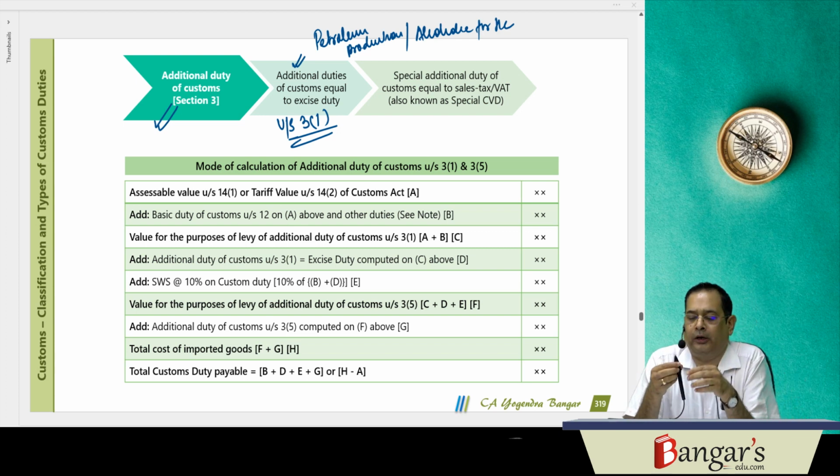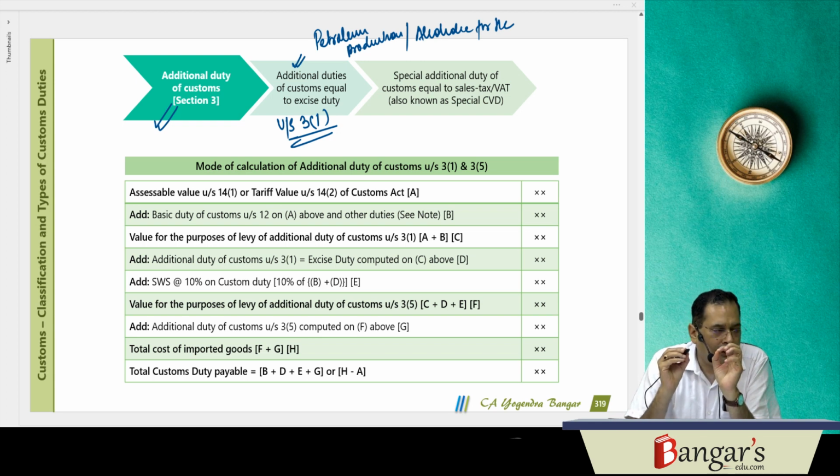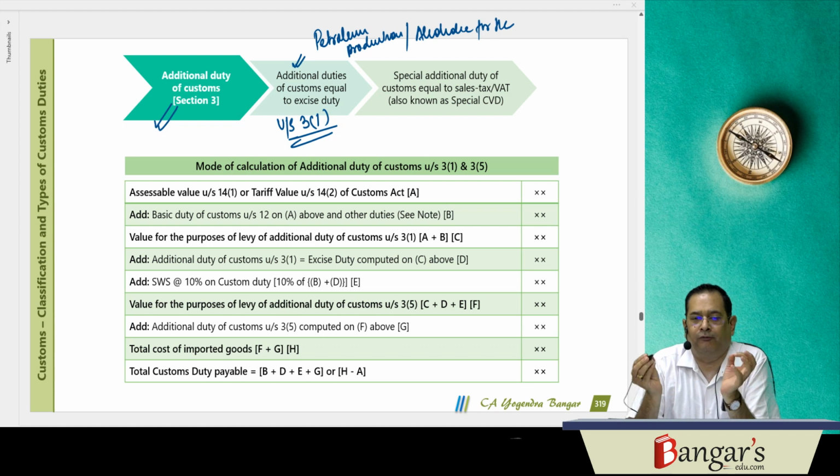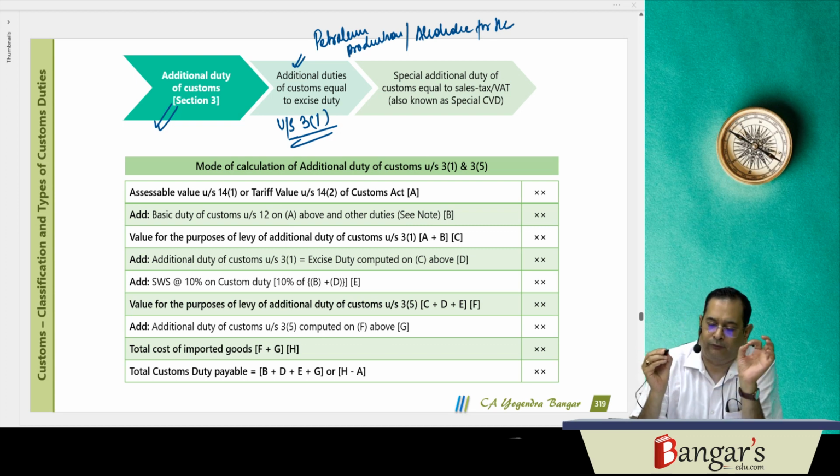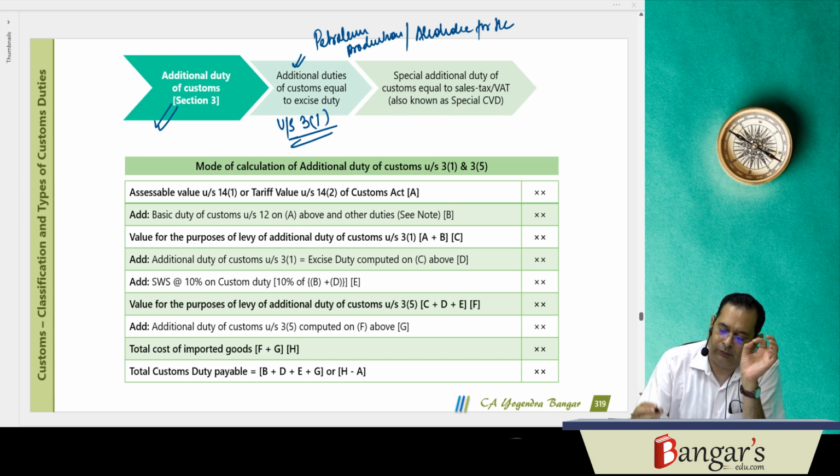Now few commodities are only subject to excise duty. So in case any goods are subject to excise duty on production or manufacture, when they are imported into India, they are subject to additional duty of customs under section 3(1). Besides this, we have additional duty of customs under section 3(5).